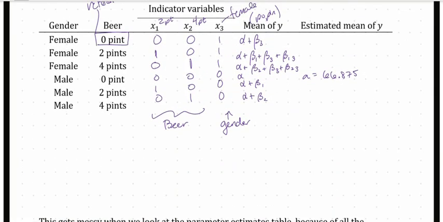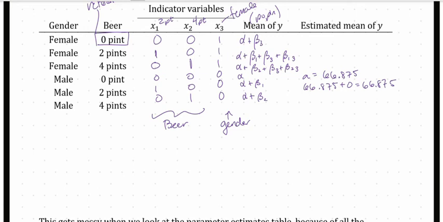So this is going to be 66.875 plus basically 0. So that's going to be 66.875. So does our model estimate a big difference between males who drink 0 pints and males who drink 2 pints? No, basically none at all.